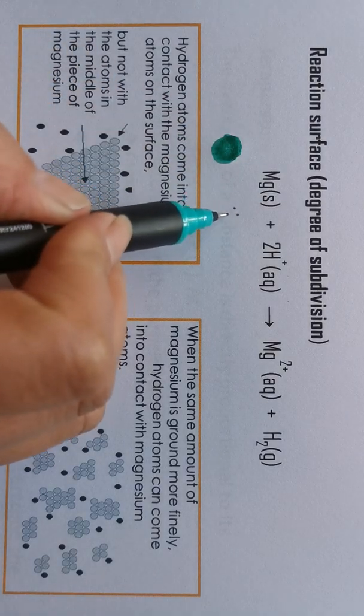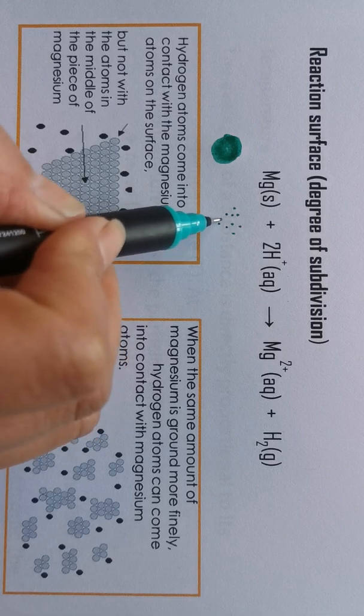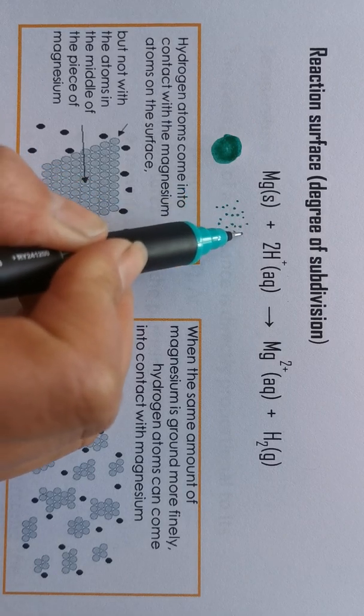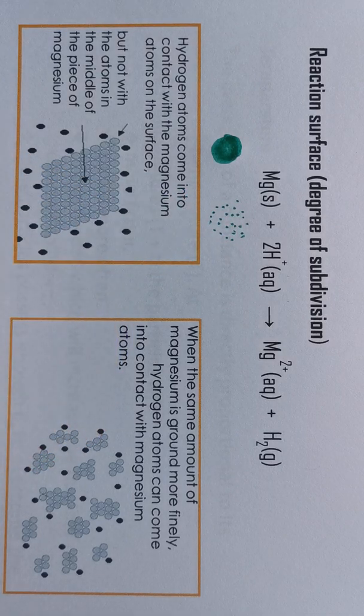But if we crush it, we've actually got literally thousands of teeny tiny particles, and each teeny tiny particle will have its own surface area, which means that that's why the surface area increases when we actually crush things, or break them into smaller parts. Even though it's smaller parts, there's more surface area available.